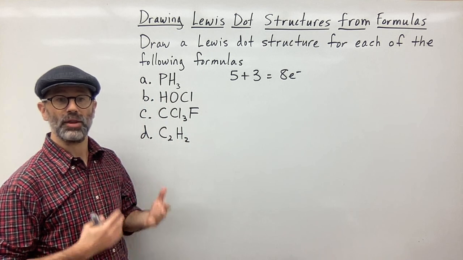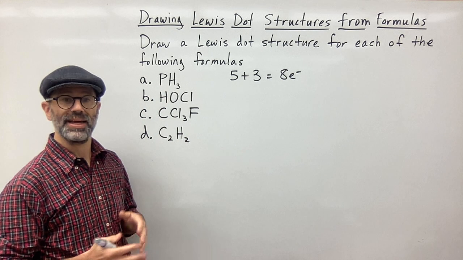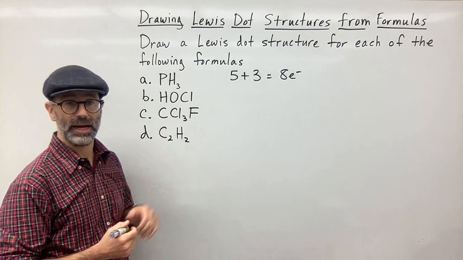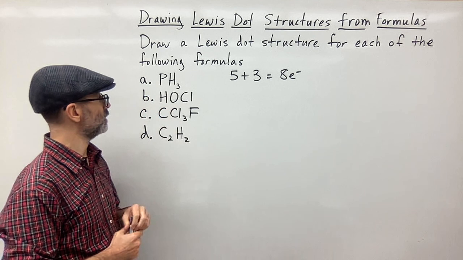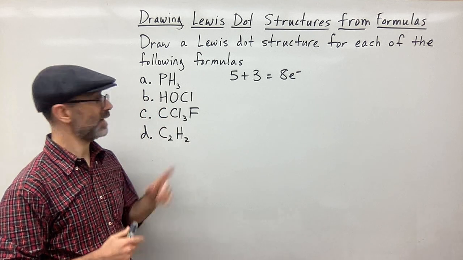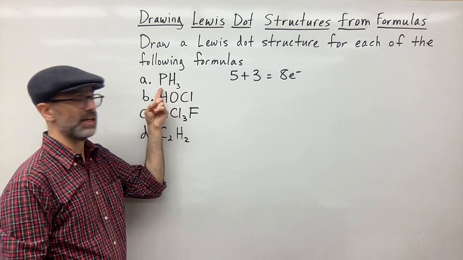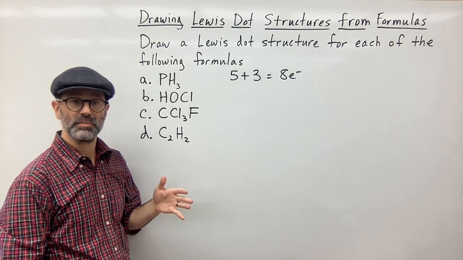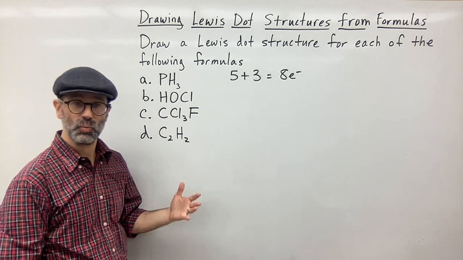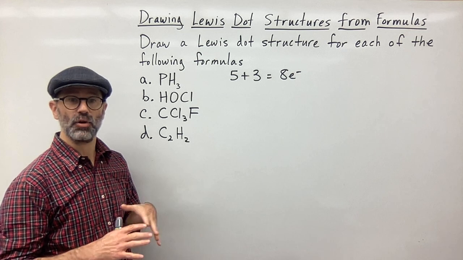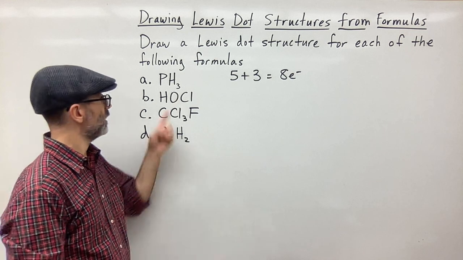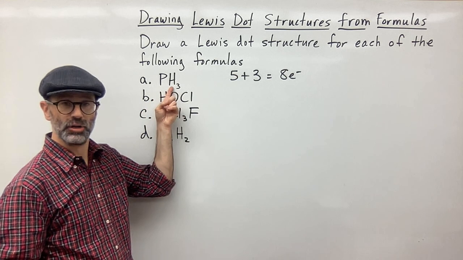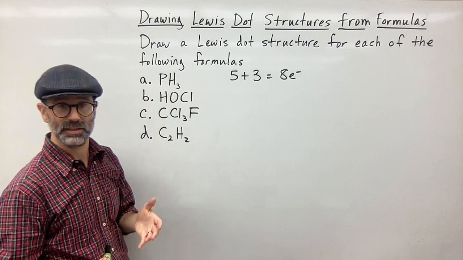Also, you can go by the rule of thumb that the less electronegative atom is the central atom, and you can compare electronegativities. The other thing you can notice is that I have hydrogen and I have phosphorus. Hydrogen will never be a central atom because hydrogen only bonds once, and you need an atom that's going to bond more than once. So since I have hydrogen and phosphorus, and hydrogen is not going to be the central atom, then phosphorus has to be the central atom.